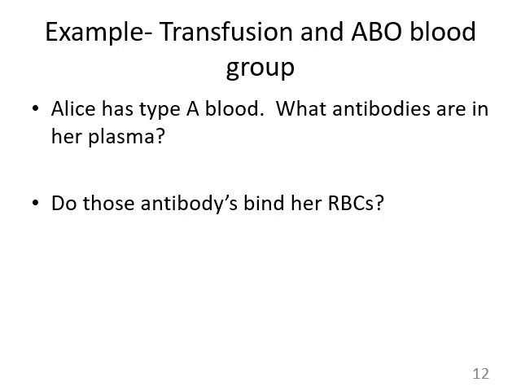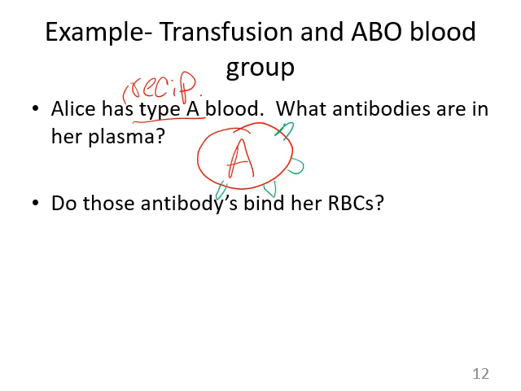First, let's talk about our recipient, Alice. Alice needs some blood, and she is blood type A, which means she's got this A antigen. So she has anti-B antibodies.